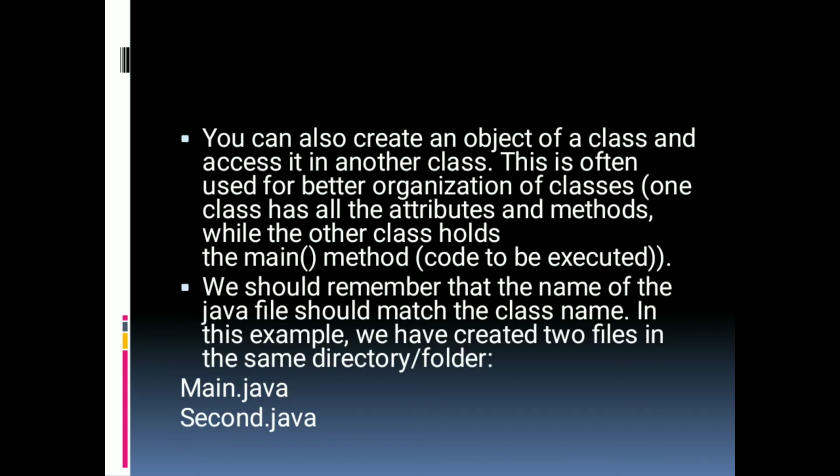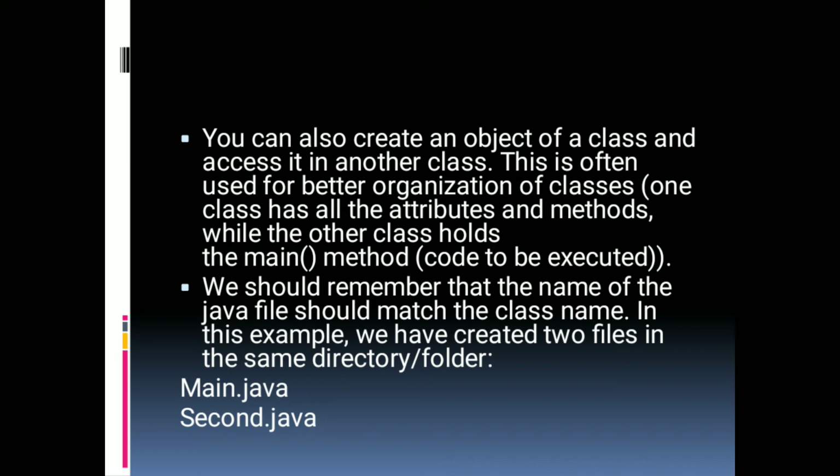You can also create an object of a class and access it in another class. This is often used for better organization of classes. After creation of an object of a class, we can access it in another class also.